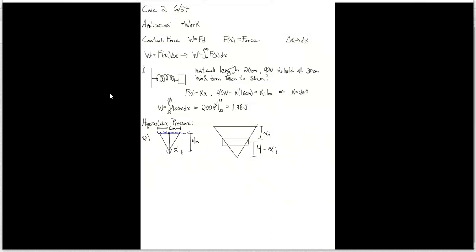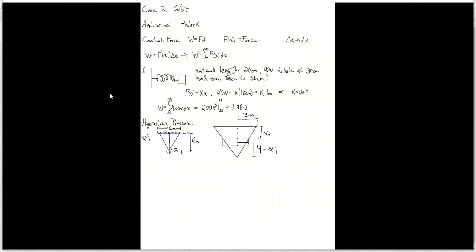Now, we have to figure out what is the width of this rectangle. Well, if we draw a line down the center of this guy, we know that this right here, this is 3 meters, right? So we can try to use similar triangles to figure out exactly the width of this rectangle. We're going to call that A, right?